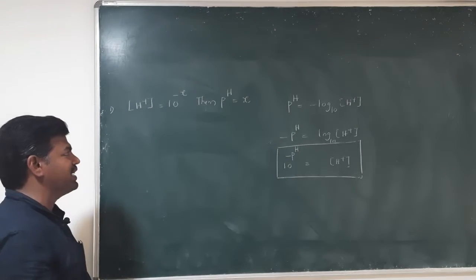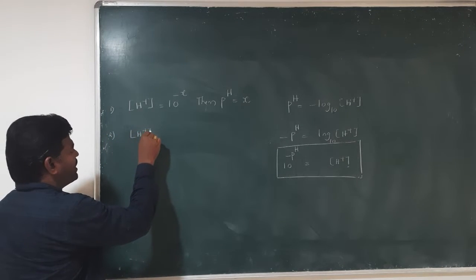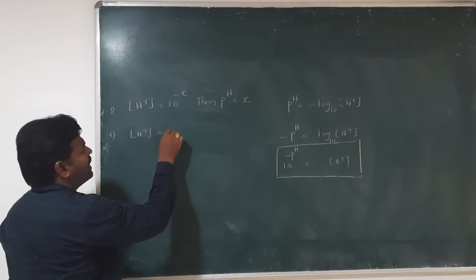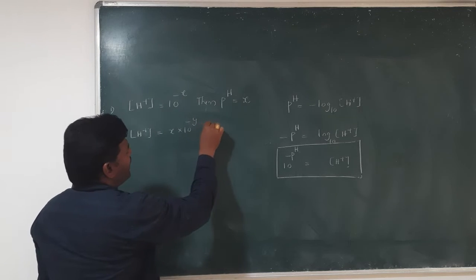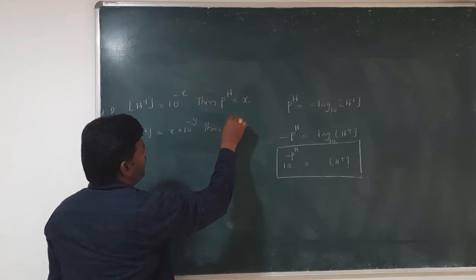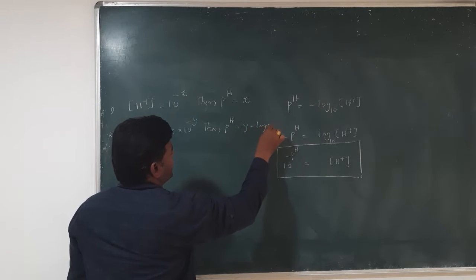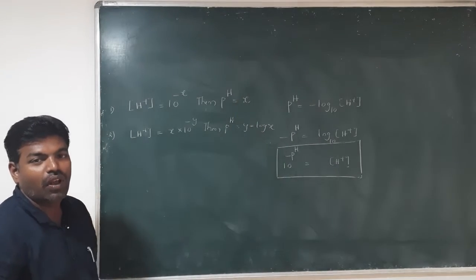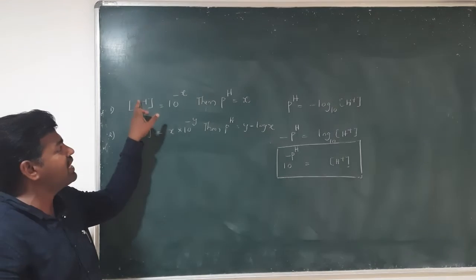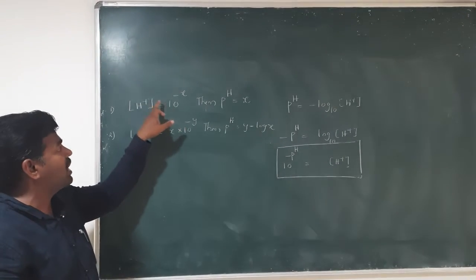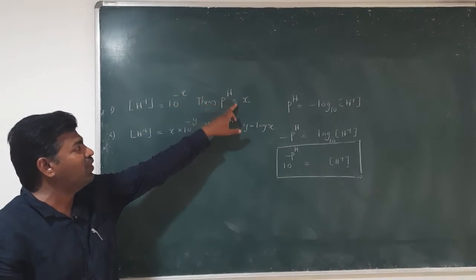The second formula: if the concentration of H plus ions is equal to x into 10 power minus y, then pH is equal to y minus log x. I repeat, if we know the concentration of H plus ions in powers of 10, that is, 10 power minus x, then the pH of the solution is equal to x.